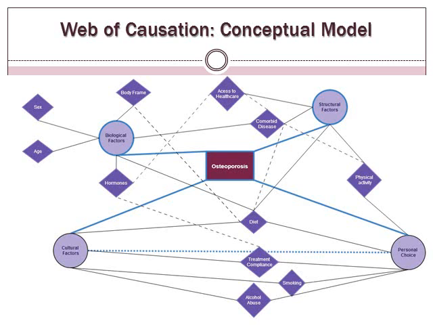And the circles are categories for the factors. And I chose biological factors, structural factors, cultural factors, and personal choice as my categories. But even these are interrelated. So the solid lines are direct relationships between a category and a specific factor, whereas a dashed line is a relationship between two specific factors.